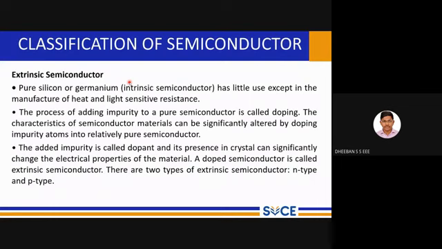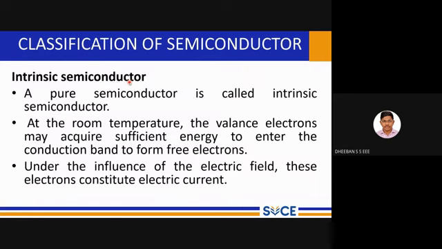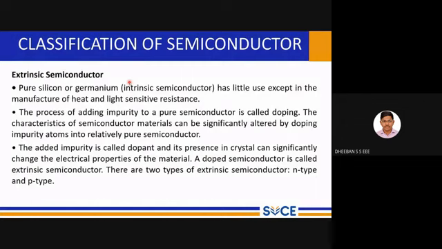Dope in the sense of adding. You add impurities to form an impure semiconductor. The intrinsic semiconductor is a pure semiconductor, but if you add impurities to it, as I said, that is called doping. Then it becomes an extrinsic semiconductor.